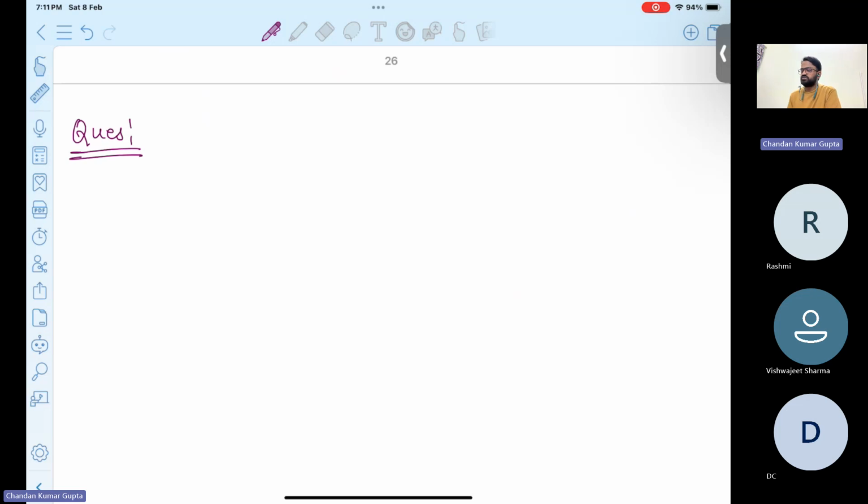Then start with the question. Suppose X is a random variable.